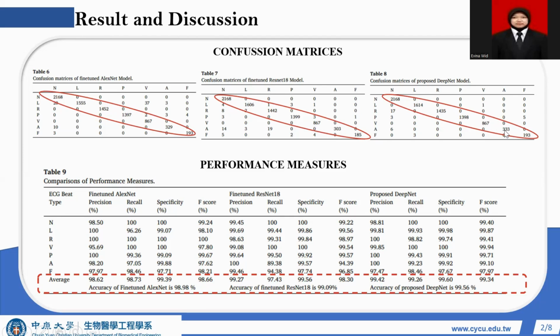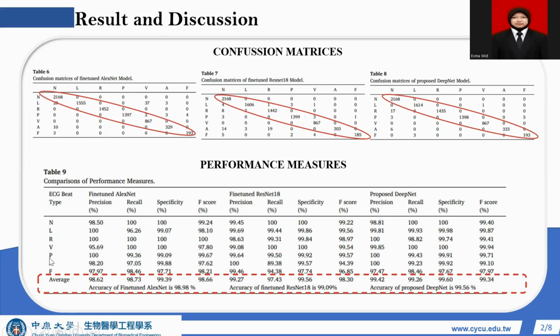And for A, DeepNet is the best, the highest, 333, compared with ResNet at just 303 and AlexNet at 329. And for F, DeepNet can guess correctly 193. Overall, DeepNet is very good compared to AlexNet and ResNet.